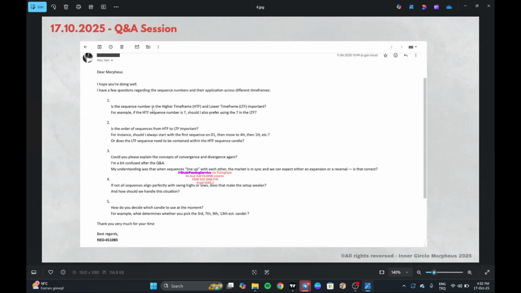First, is the sequence number in high time frame and lower time frame important? Yes, definitely. Sequences on higher time frame and lower time frame are important. As you approach a higher time frame number, the lower time frame sees time distortion.